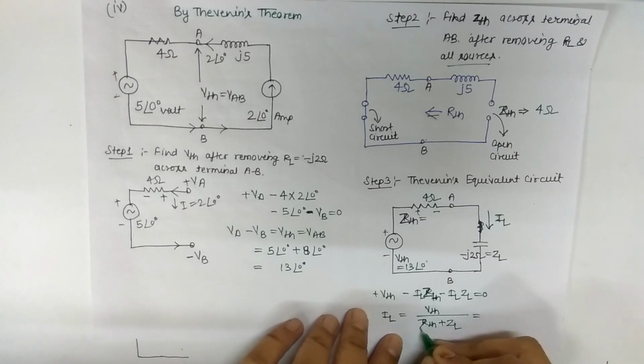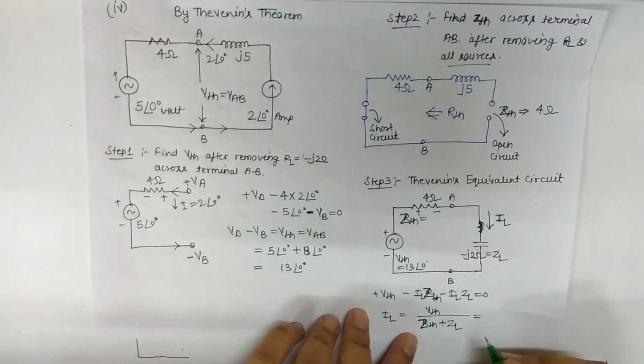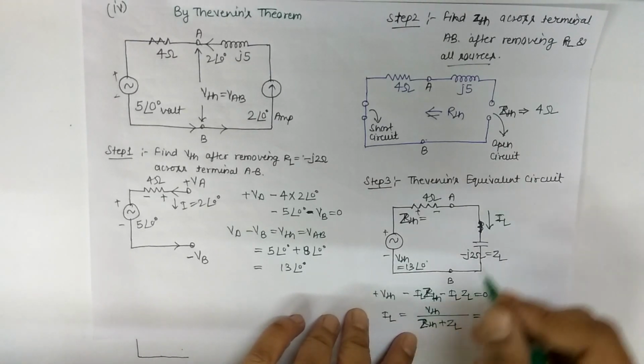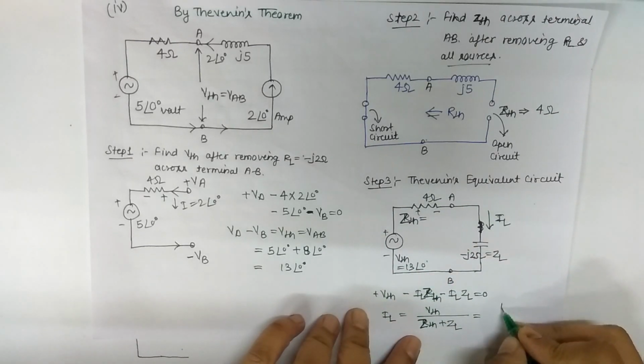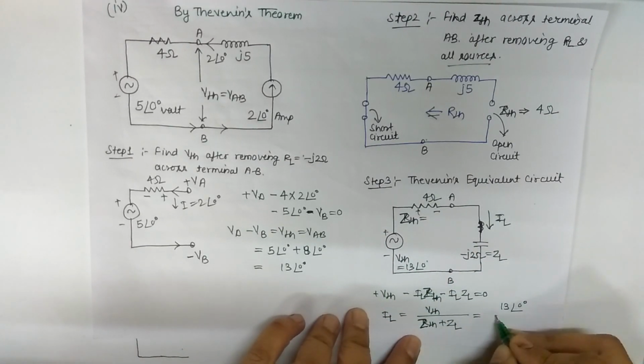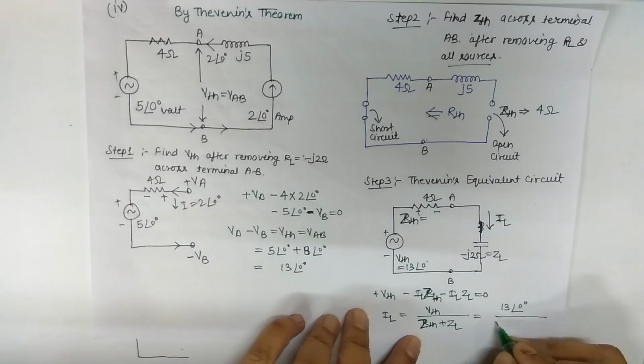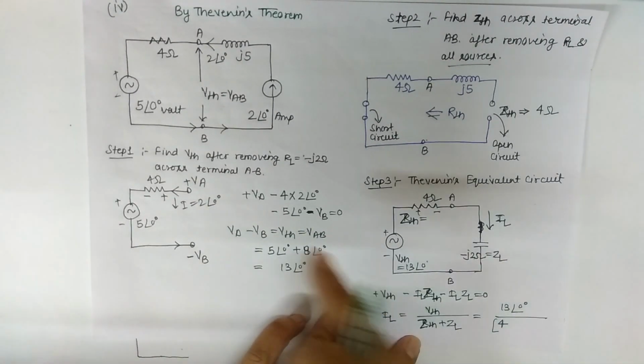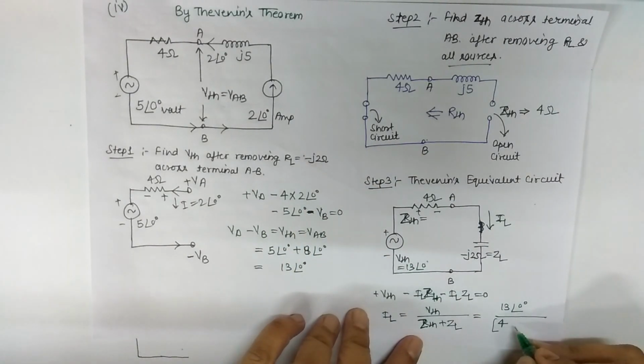So we take IL is equal to VTH upon ZTH plus ZL. So VTH is here 13 angle 0 degree upon ZTH is 4 and ZL is our minus j2.